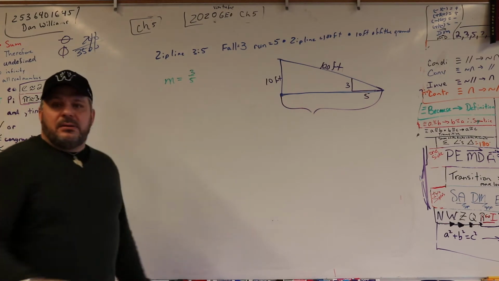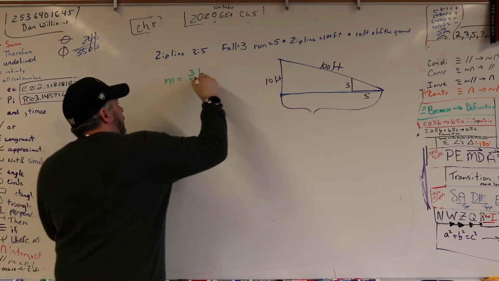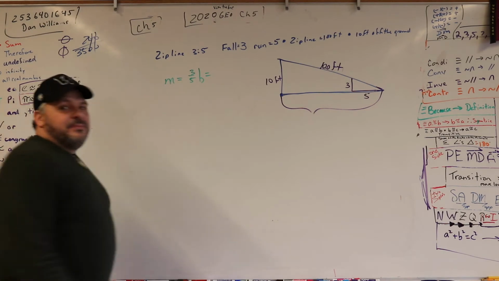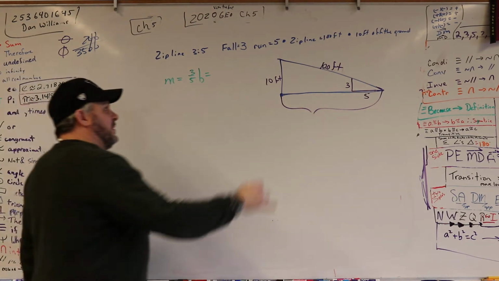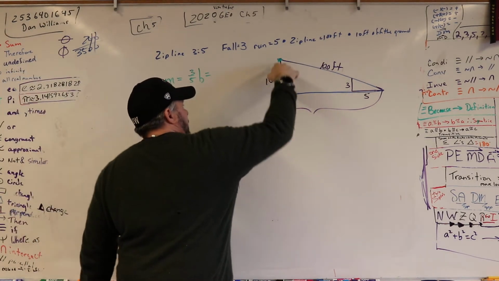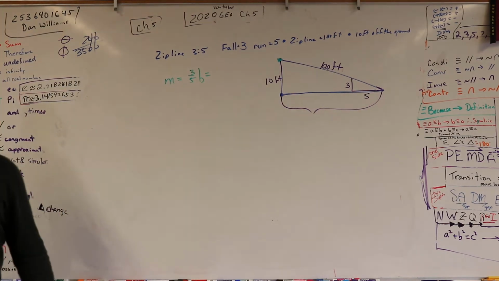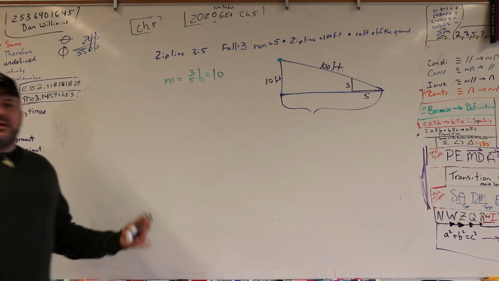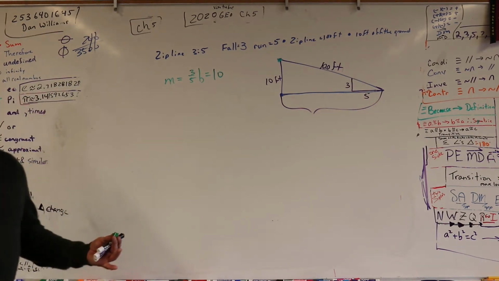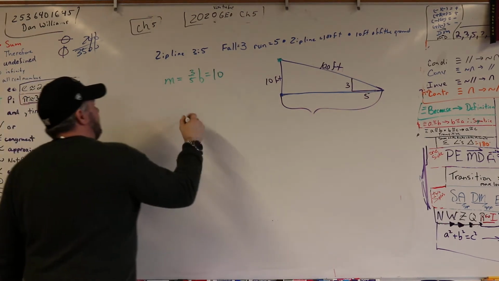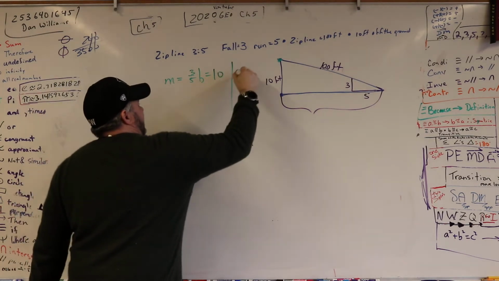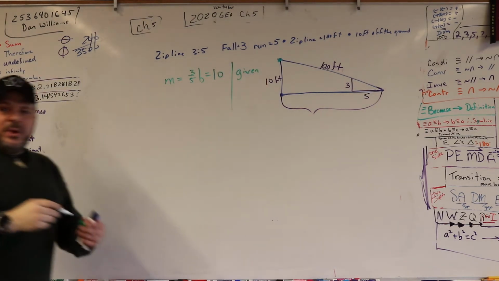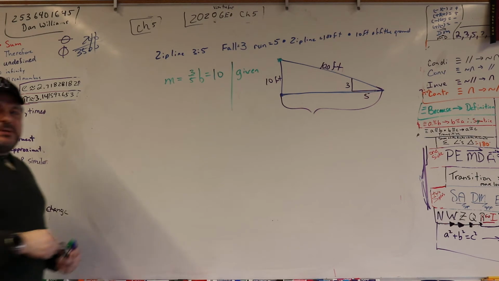What's the b? The y-intercept. Wouldn't that be this? 10? So, we could write an equation for this. We can use our definition of y equals mx plus b, right?